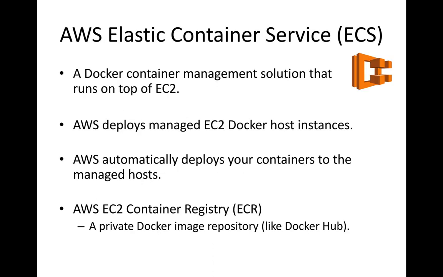So let's look at a couple of different container orchestration platforms available in the marketplace, and then we're going to do a deep dive on one of them, the Docker Swarm platform.